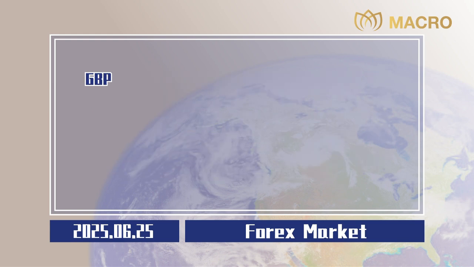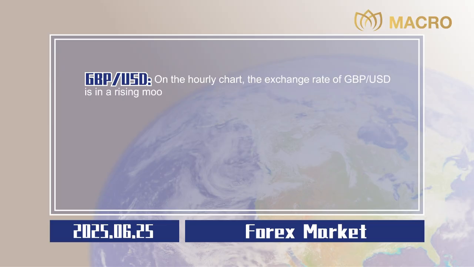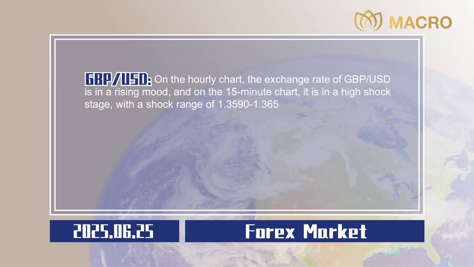0.0020. Pound sterling to US dollar. On the hourly chart, the exchange rate of pound sterling to US dollar is in a rising mood, and on the 15-minute chart, it is in a high shock stage, with a shock range of 1.3590 to 1.3650. In operation, it can be sold at a high price and bought at a low price.